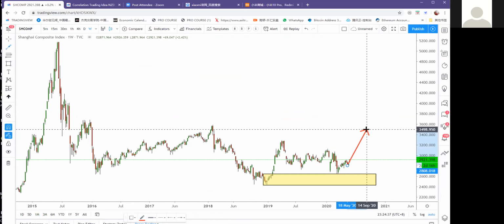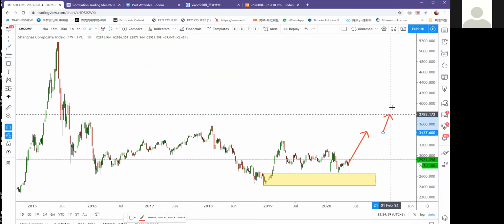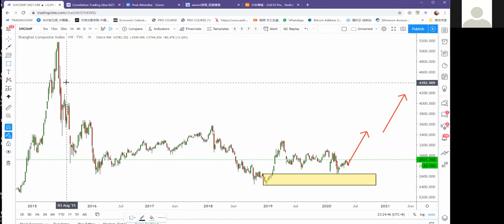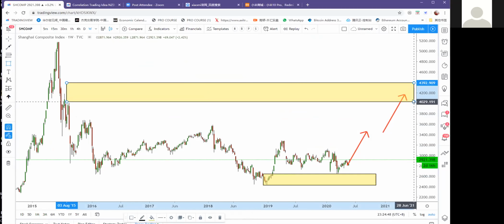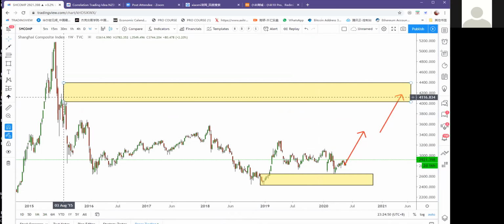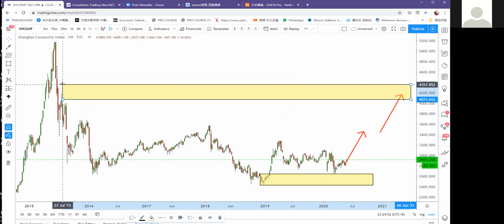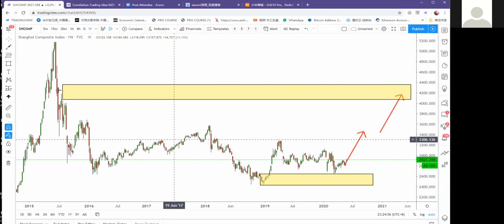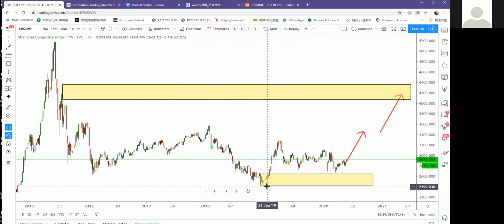It will rally to 3,400 and eventually go back to 4,200. To be honest, I think the fair value of Shanghai is about 4K currently. It is long time undervalued.